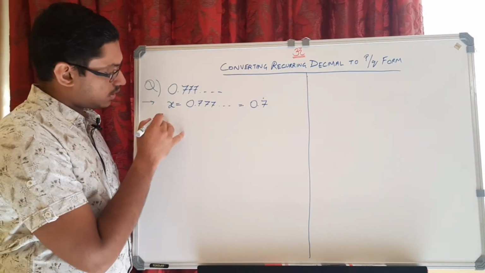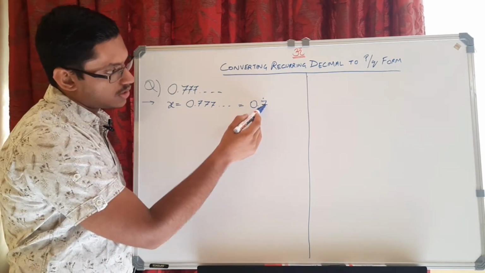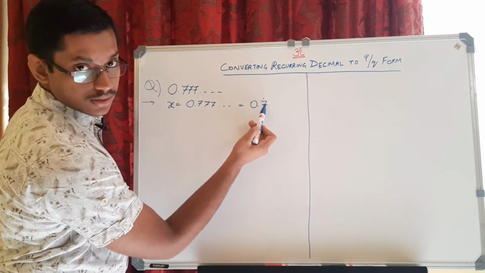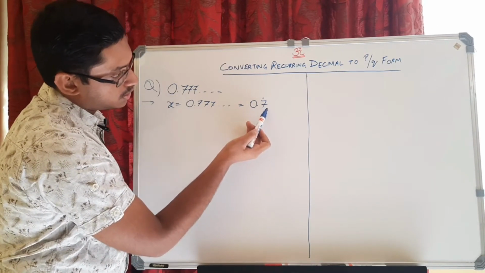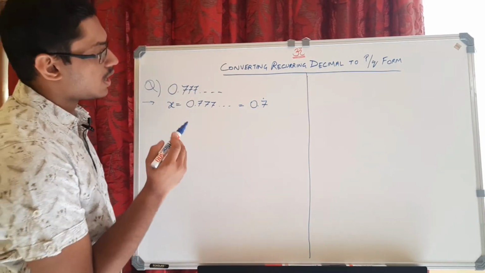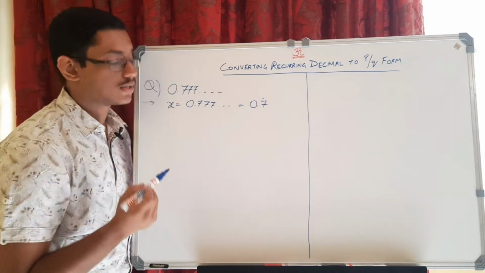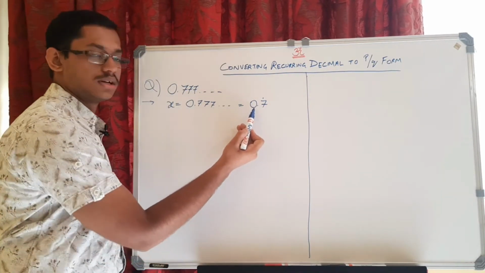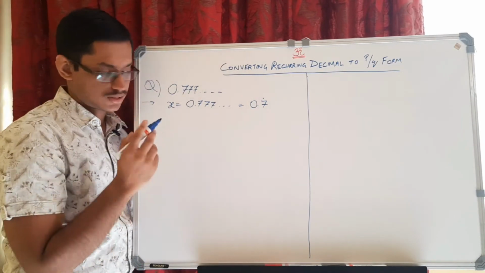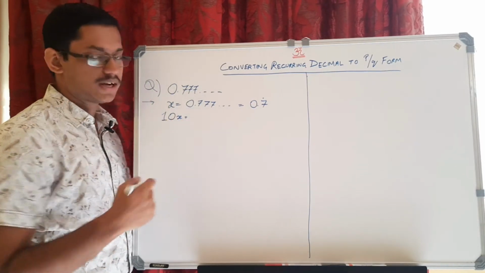Now your second target should be to bring the 7 in this number to the left of the decimal point. Whatever is being repeated, you have to bring it only once to the left side of the decimal point. How to do that? Here only 7 is being repeated, so multiply by 10.